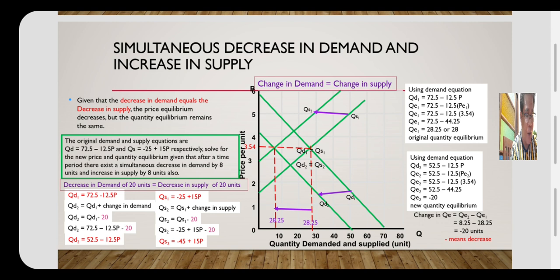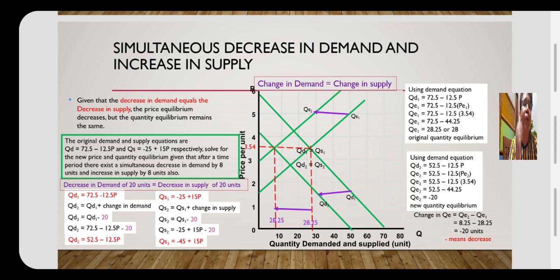Let me compute it again, because I have to revise what is stated in that particular diagram. So 52.5 minus 44.25 is 8.25.